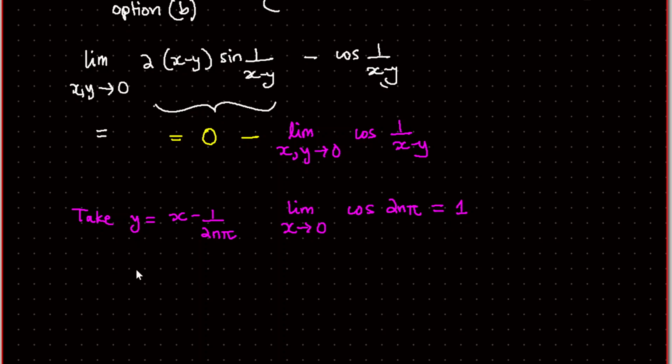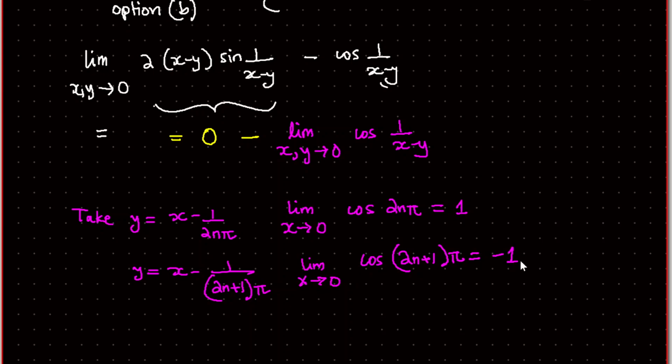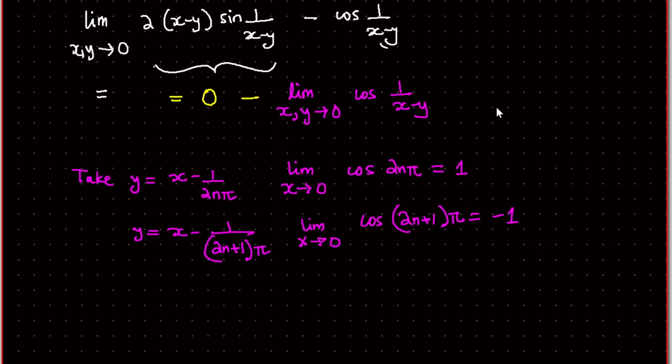And if you take y to be x minus 1 by (2n plus 1) pi, then we have limit x going to 0 of cos of odd pi, which will be equal to minus 1. So we observe that when we restrict it to two different relations between x and y, we get two different limits.